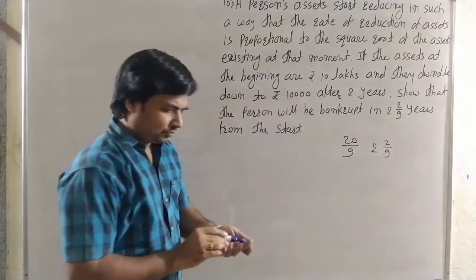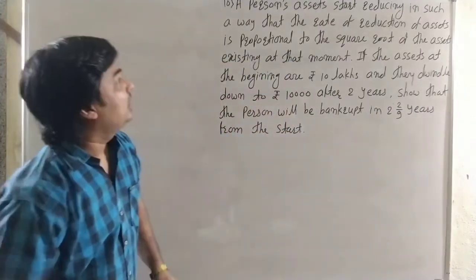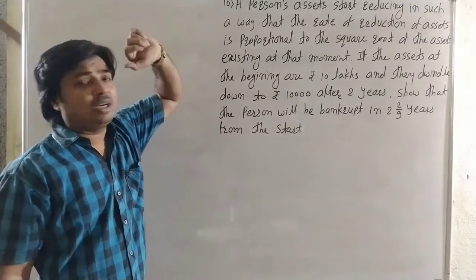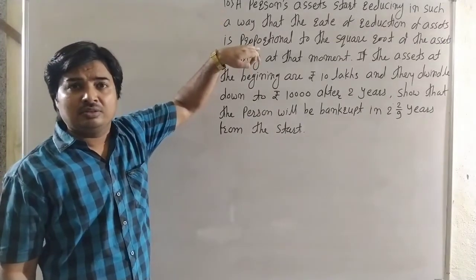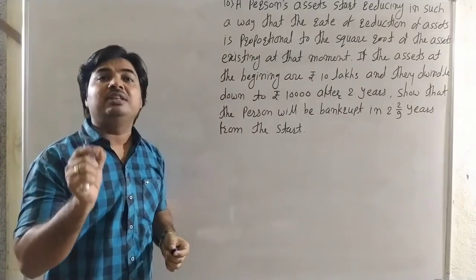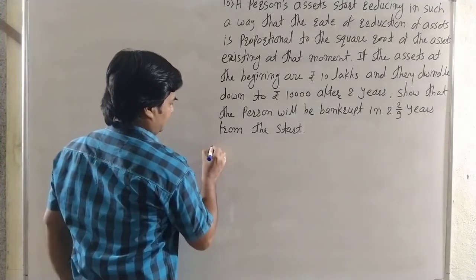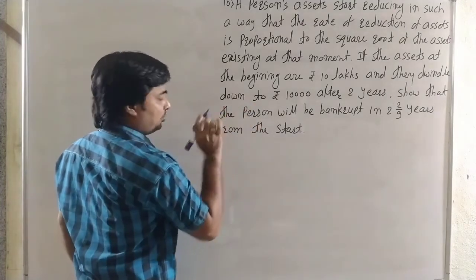Now here let us consider x is the assets of the person. And dx by dt is the rate of decrease. Here it is a reduction, that means the rate of decrease.